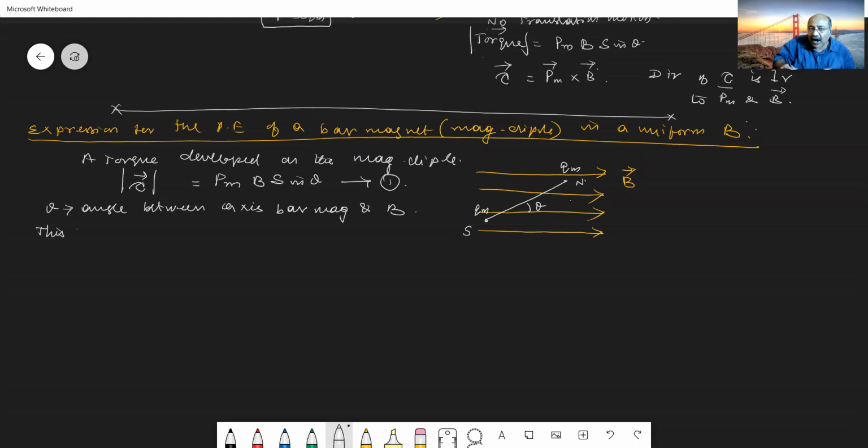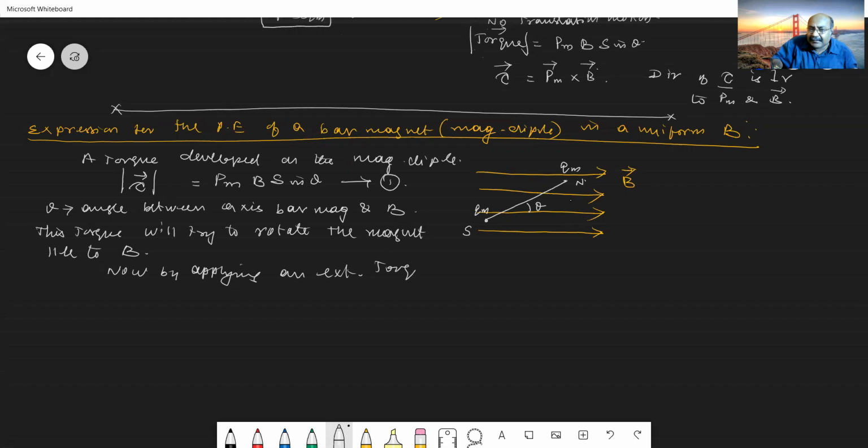This torque produced, P M B sine theta, will try to rotate the magnet, or the magnetic dipole, parallel to the external magnetic field B. But now, by applying an external torque, which I represent as tau external, the magnetic dipole or the bar magnet is rotated through a small angle d theta.